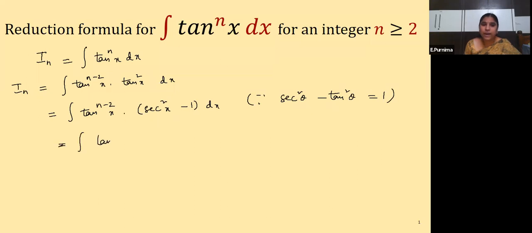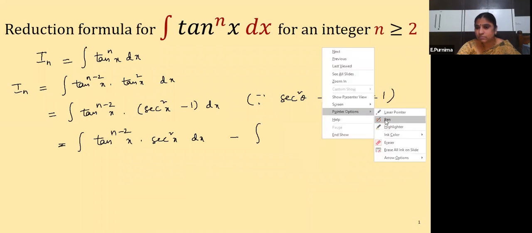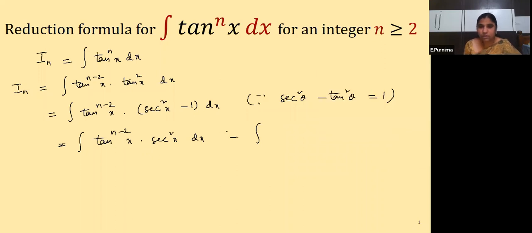Integral of tan to the power of n minus 2 x into secant square x dx, minus integral of tan to the power of n minus 2 into 1, which is nothing but tan to the power of n minus 2 x dx.